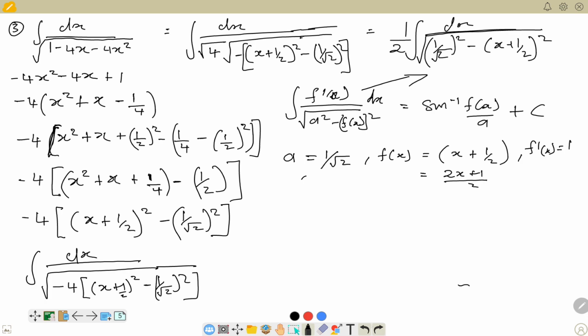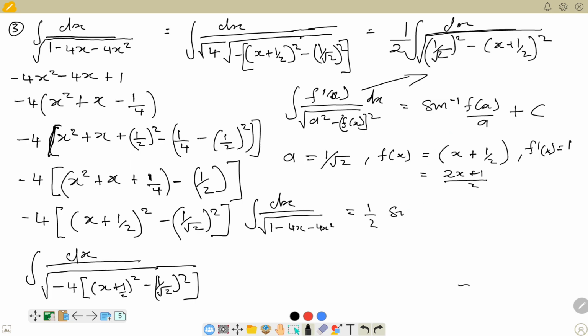So continuing now to plug back, I will simply say that I can take it as my original integral from the start, which was 1 minus 4x minus 4x squared. It's actually equal to, then I have that 1 over 2 there.